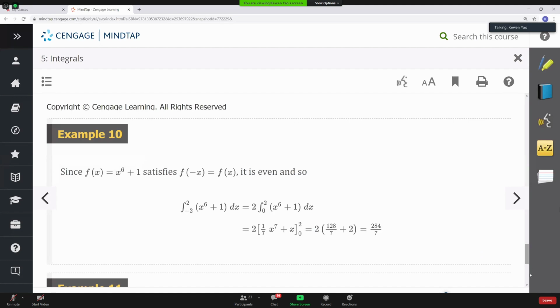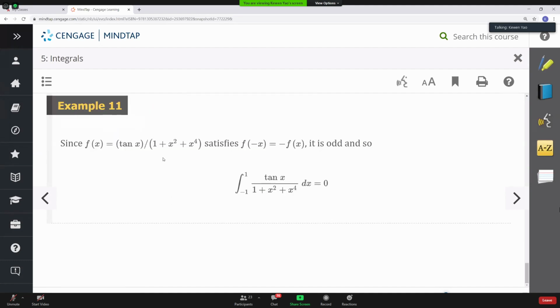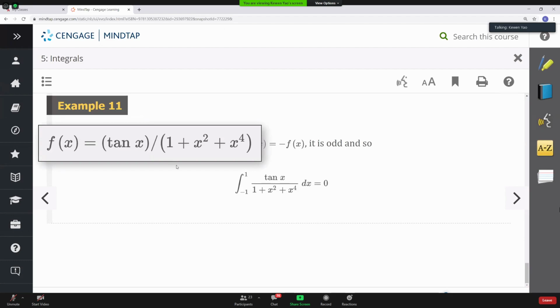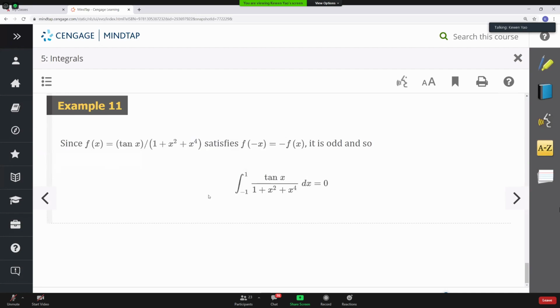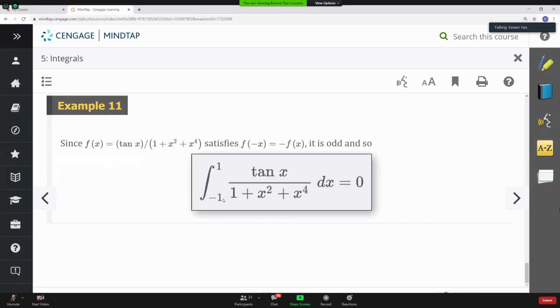For this other function, the answer will be 0. The denominator is an even function, but the numerator is an odd function. If you replace x by negative x, f(negative x) becomes negative f(x), so this is an odd function. Therefore, from negative 1 to 1, the answer is 0.